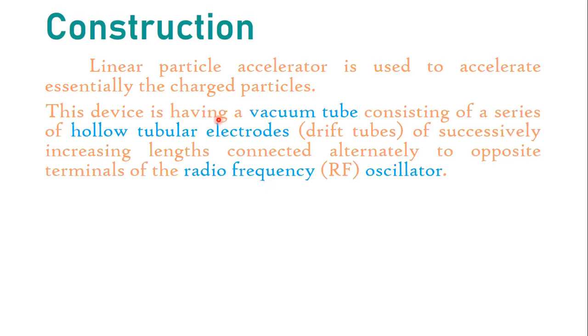This device has a vacuum tube which consists of a series of hollow tubular electrodes. These hollow tubular electrodes are also called drift tubes, of successively increasing lengths, and are connected to opposite terminals of the radio frequency oscillator.